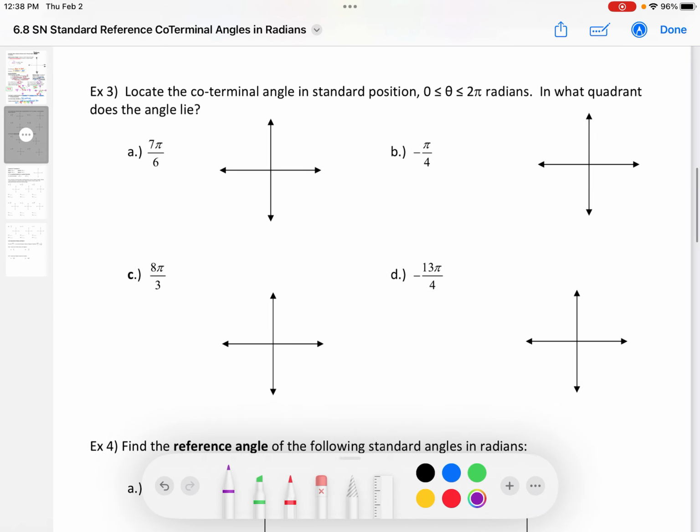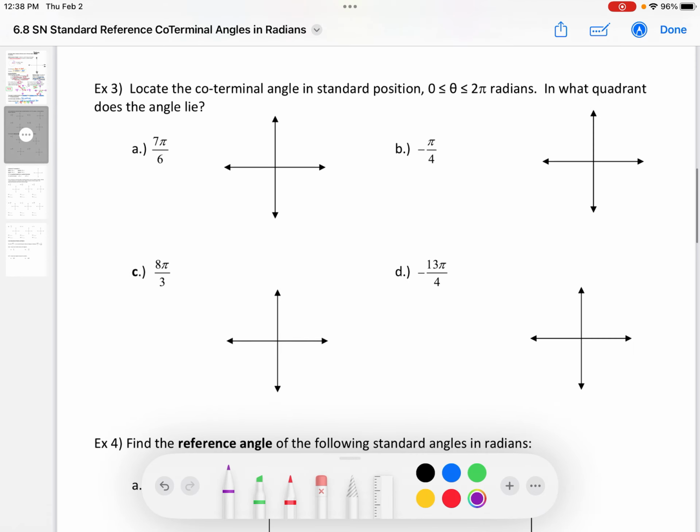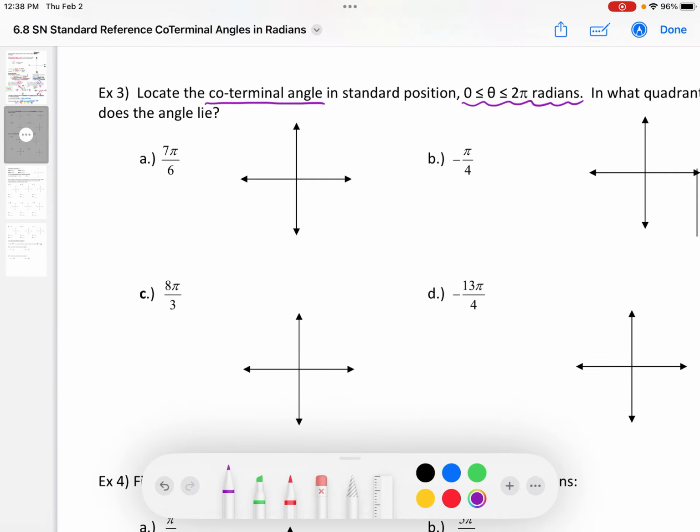Let's look at example 3. We want to find the coterminal angle in standard position that's between 0 and 2 pi radians. And we're looking for its quadrant. So we want to label the axis in radians and then place our angle there. One of the first things you want to look at is the fraction and see if it's more or less than 2.